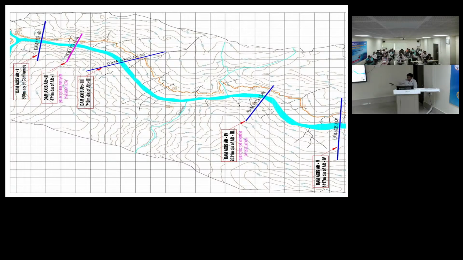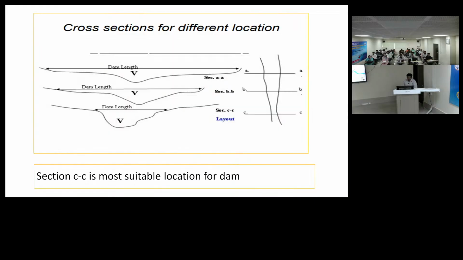If needed, you do some investigation like boreholes at 2-3 different alternatives, because based on the topo, just on visual inspection, you cannot differentiate, right? In that case you can do 1 or 2 boreholes on different axes. That will give a fair idea to select one axis. This also I explained: whenever there is a dam length, we have to prefer that, like the last one.